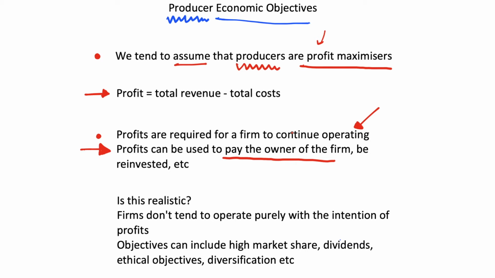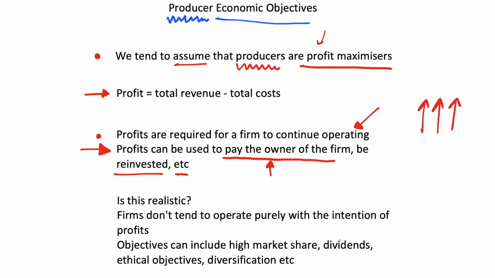The extra earnings or the extra profit can be reinvested in increasing capital or trying to expand the business in whatever sense. And we can pay shareholders dividends, which is similar to paying the owners of the firm, and so on. There are loads of things that we can do with profit. The point is that more profit is going to pretty much always be better for a firm. So we do have a reason why a firm owner is going to want to keep increasing their profits.